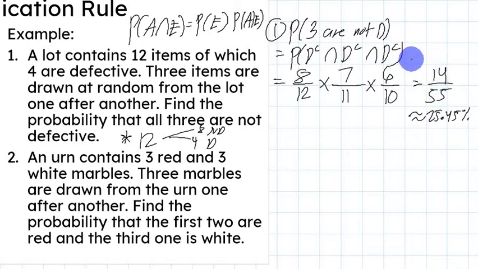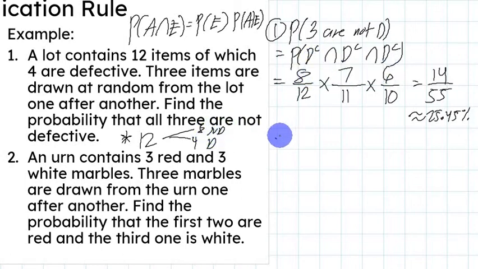So there's more or less a close to 1 in 4 chance, or exactly 14 out of 55 chances, that when you draw 3 items from this lot, all of them will be non-defective. Now, another way of writing this, if you would notice, is to use permutation. In this specific case, we want to find the probability of drawing 3 non-defective out of 8 in order.